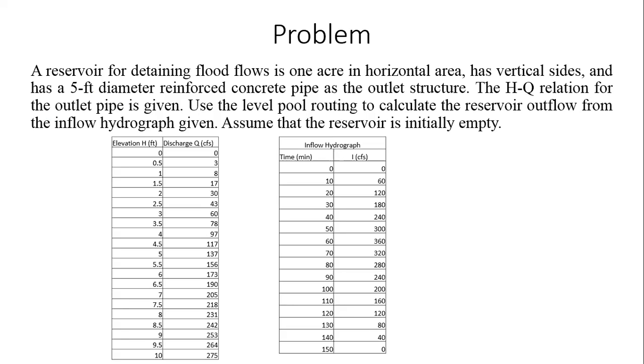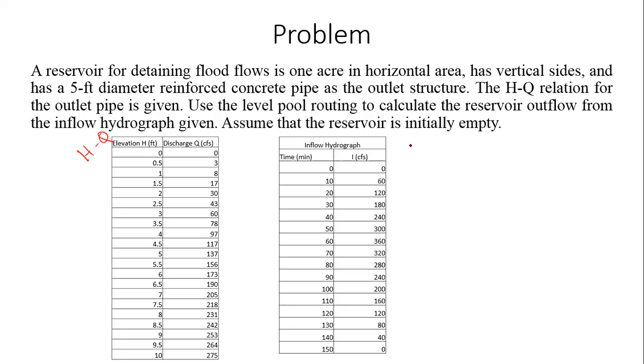The HQ relation for the outlet pipe is given. This table that you see over here is the relationship between H and Q. Use the level pool routing method to calculate the reservoir outflow from the inflow hydrograph given.